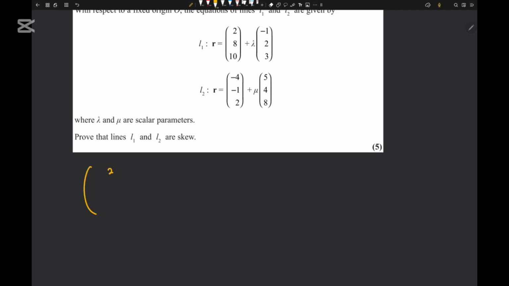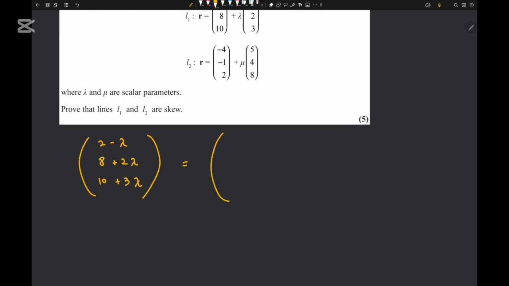So it's 2, 8, 10 plus lambda, or you can just write it like this, which is 2 minus lambda, 8 plus 2 lambda and 10 plus 3 lambda. This is equal to the equation of L2, because we're just assuming that these two lines do intersect.